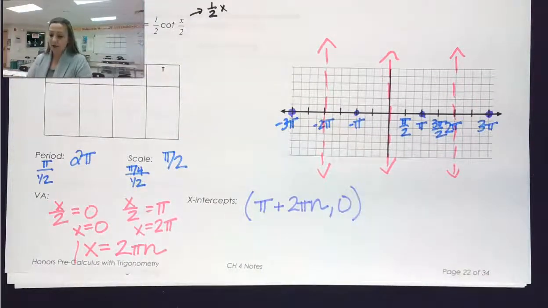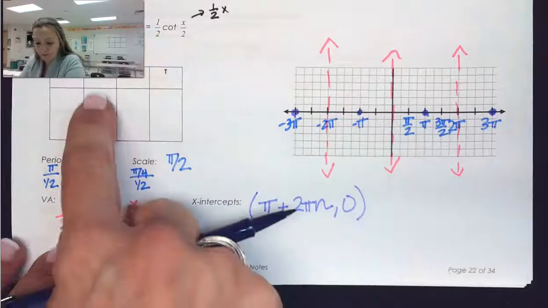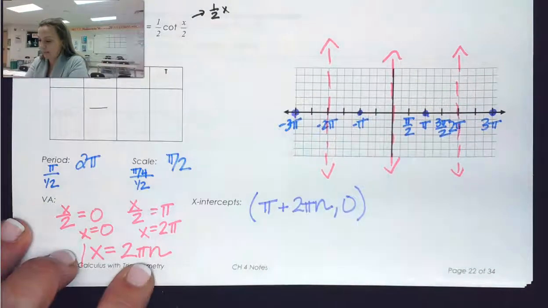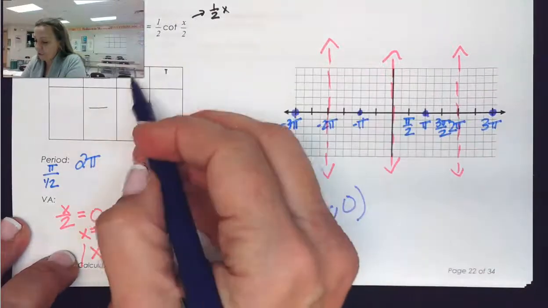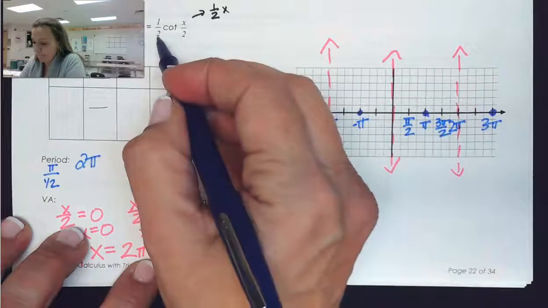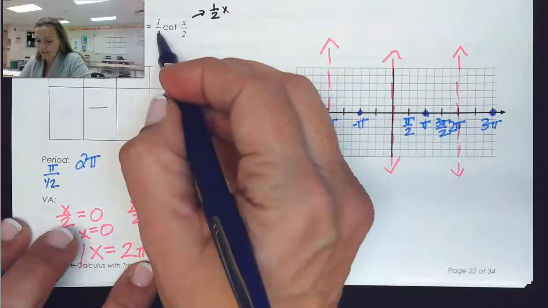So to get our points, we can plot our parent function. Well, we need to see what's going on first here. So I look and notice that there are no reflections. As far as the stretches are concerned, I have this 1/2 as a coefficient.